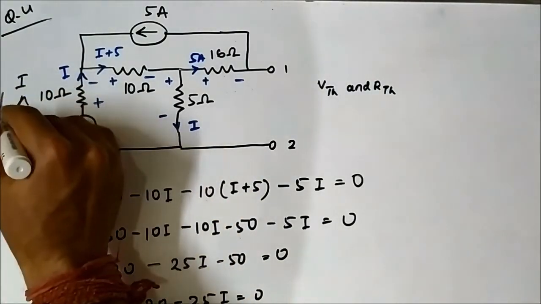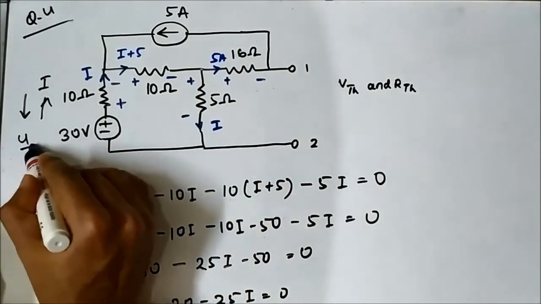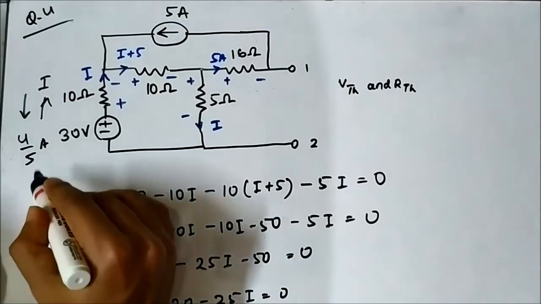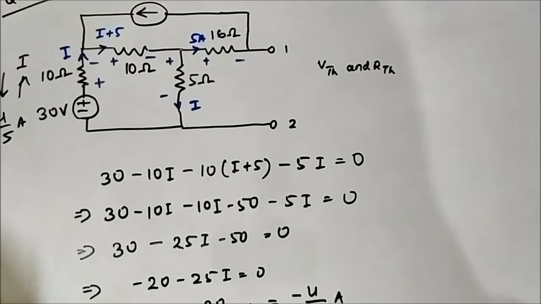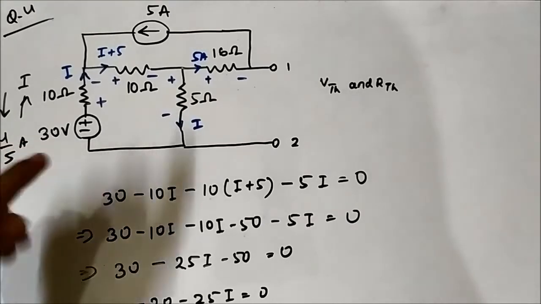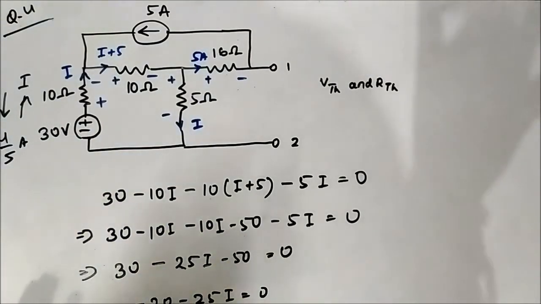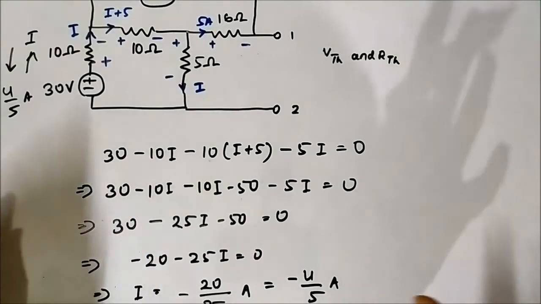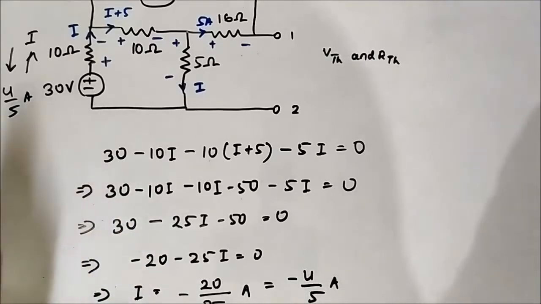It is actually in this direction and has a magnitude of 4 by 5 ampere. Minus essentially means that the direction of current which we assumed is the opposite. Don't be confused that our answer is wrong because it is coming negative. Most of the time students think that when the answer is negative, it is wrong. No, it is not that.